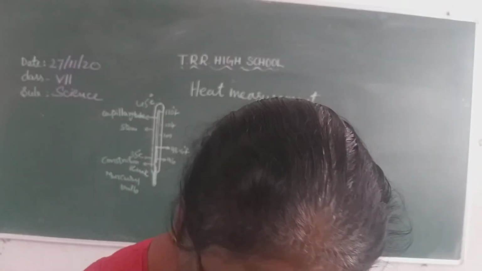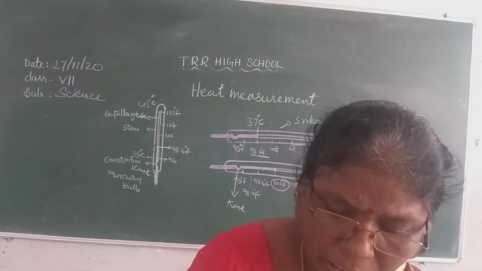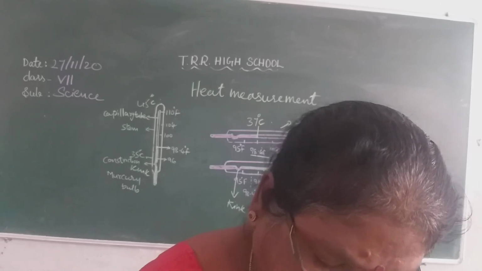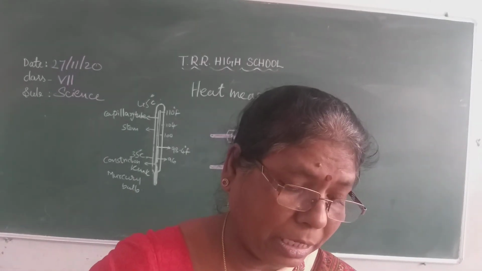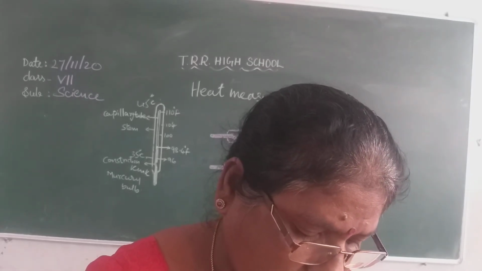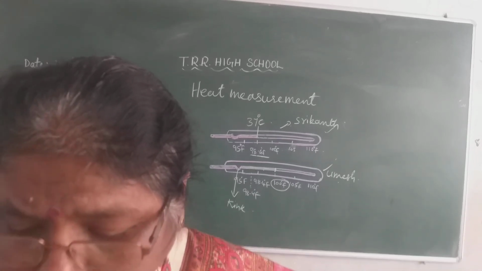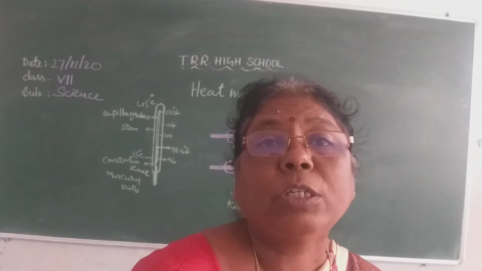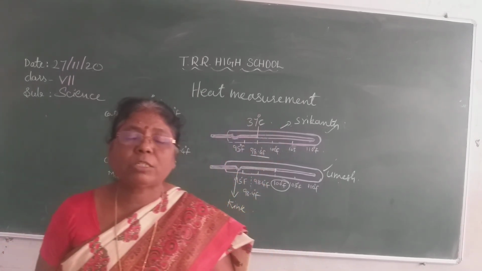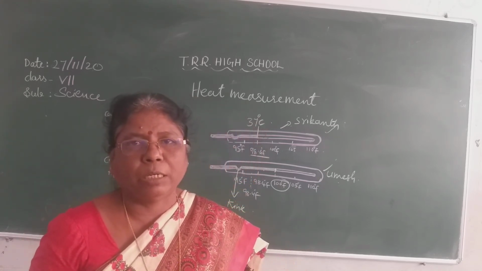Nowadays we see that digital thermometers are also there. For infants and children, we use a thermistor thermometer to measure the temperature. It is easily available in the market. Nowadays we have the digital thermometer, which works with a battery, with a cell.